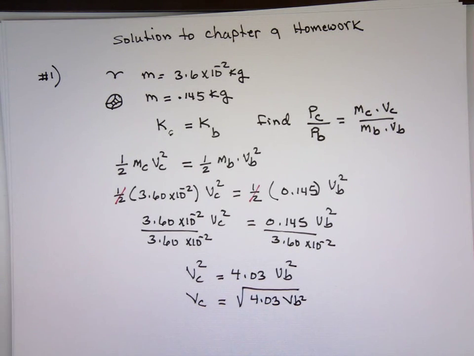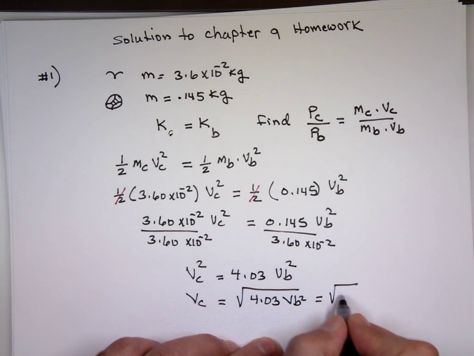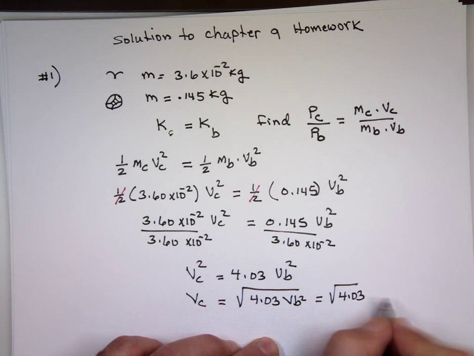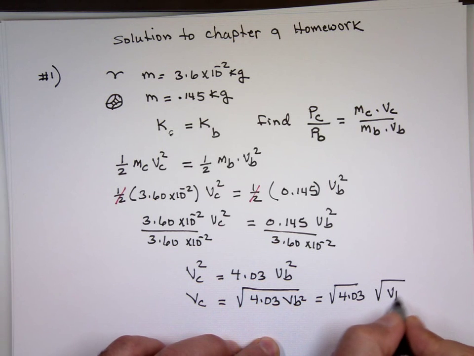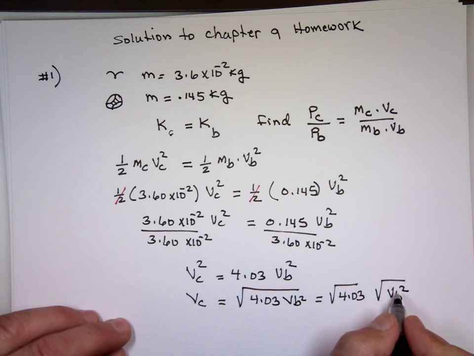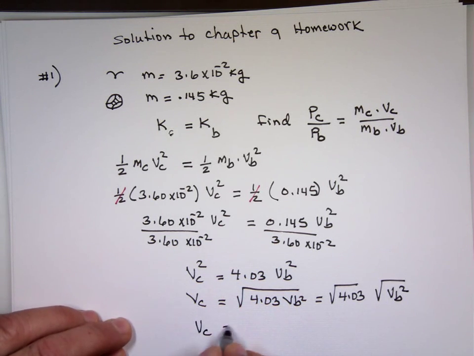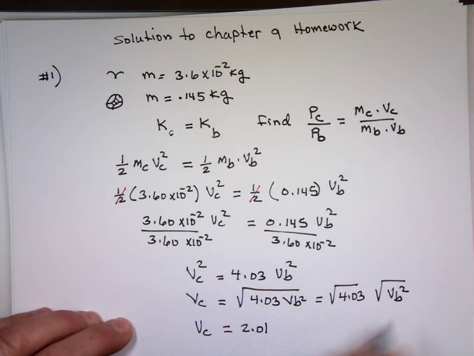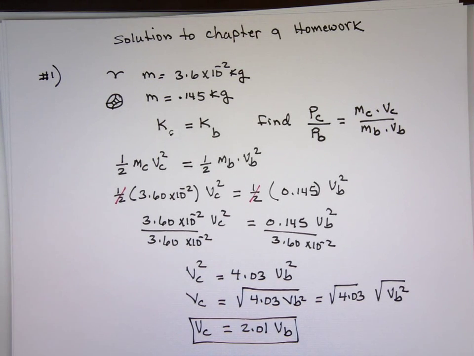And we know from math you can break this down to the square root of 4.03 times the square root of VB squared. So VC equals the square root of 4.03, which is 2.01, and the square root of VB squared is just VB. So that gives me a relationship between VC and VB.